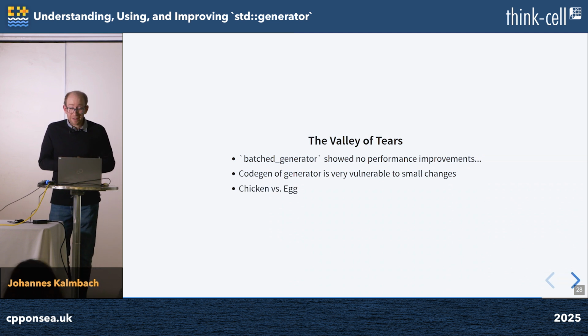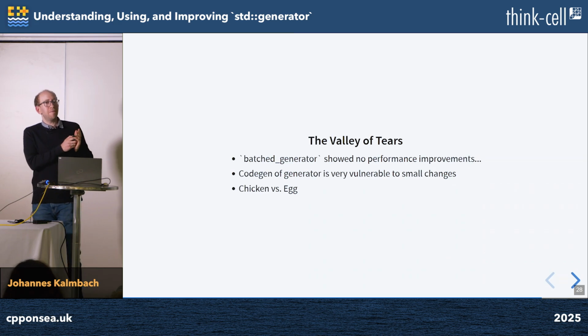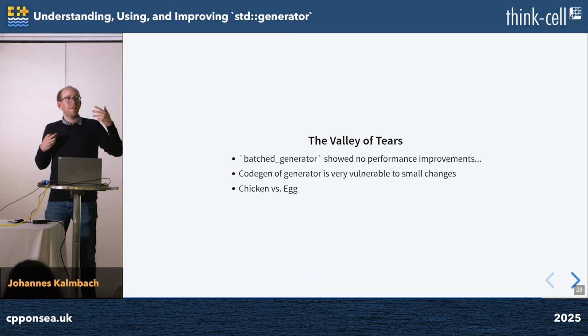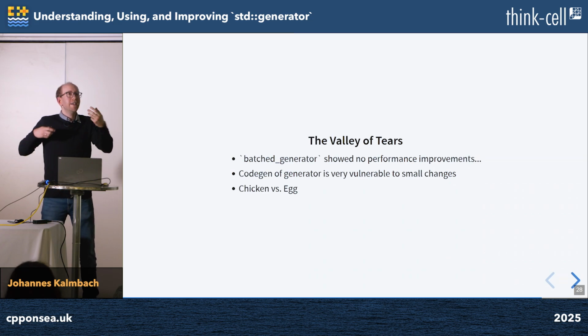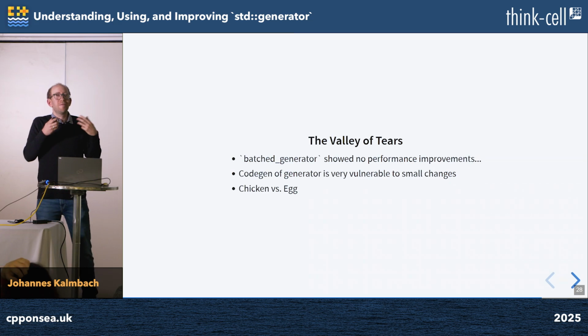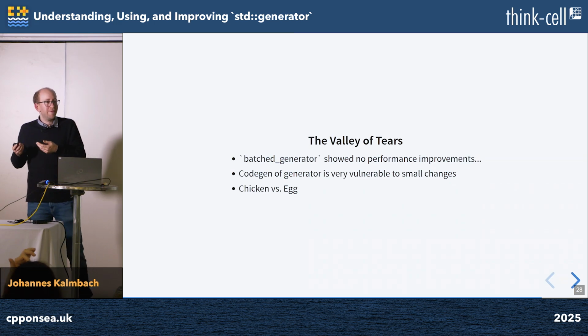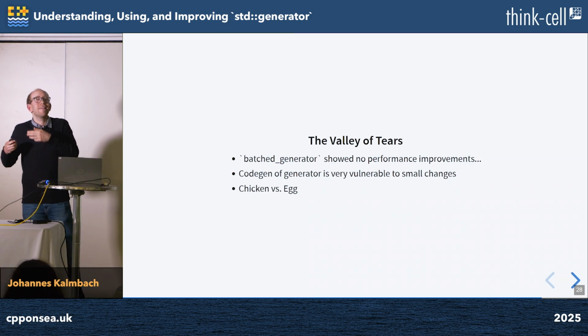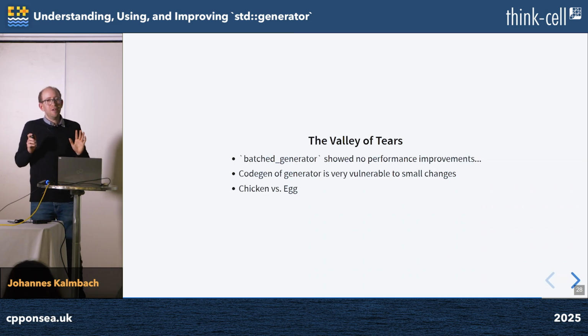And then, on a higher level, we have a bit of a chicken and egg problem. There's us, the programmers, who say we don't use coroutines because they are slow and the code generation is brittle. And then there's the compiler vendors who say nobody is using that, so they spend their time improving other features, and then it will never improve. That's an issue.